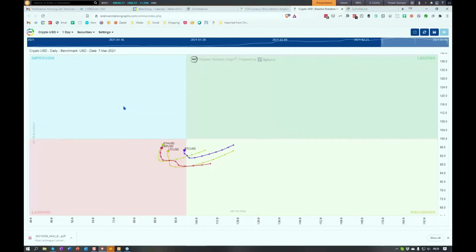So unusually, and for the first time for months, you'd be better off being in the dollar than in cryptocurrencies. Bitcoin is closest to the dollar, so if you like, it's underperforming least. And then we've got Ripple and Litecoin and Ethereum over here. So bear in mind that we've got markets which have turned around.